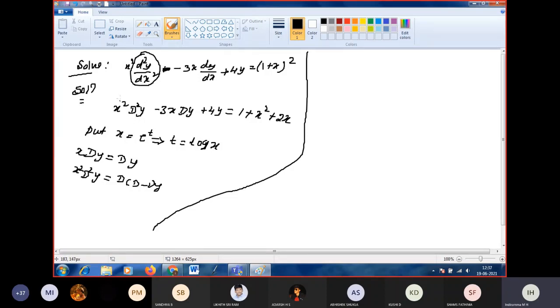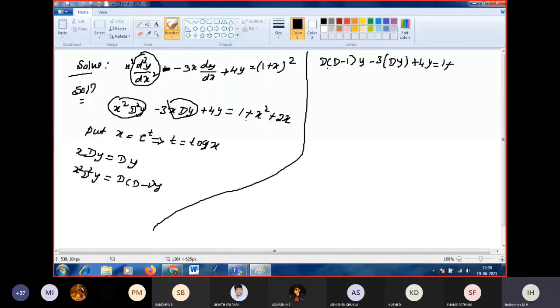What shall I write in place of x square d square y? D into (D minus 1) y, minus 3 into, in place of x dy, Dy, plus 4y is equal to 1 plus x... See here, in the LHS we don't have x; we substituted for x.